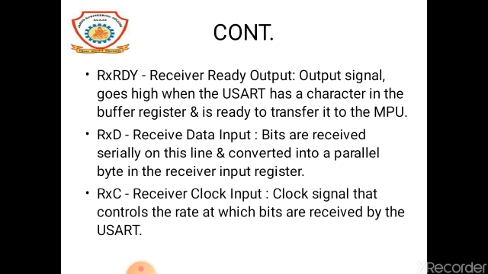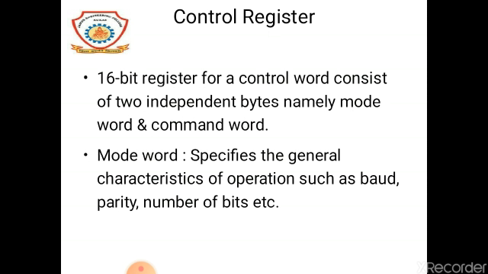It goes high when the USART has a character in the buffer register and is ready to transfer it to the MPU. Next is RxD pin, receive data input. Bits are received serially on this line and converted into a parallel byte in the receiver input register. Next is RxC, receiver clock input. It is the clock signal that controls the rate at which bits are received by the USART.